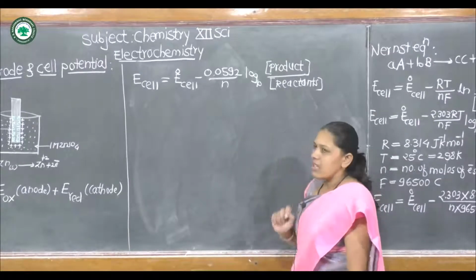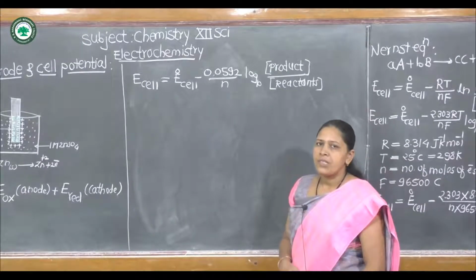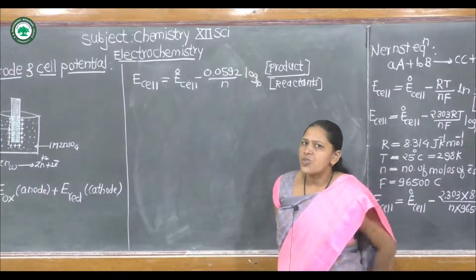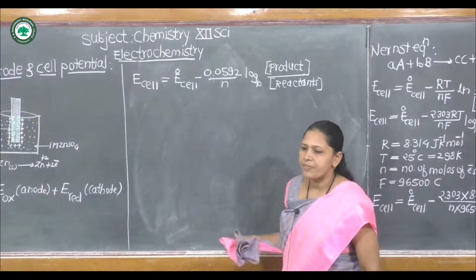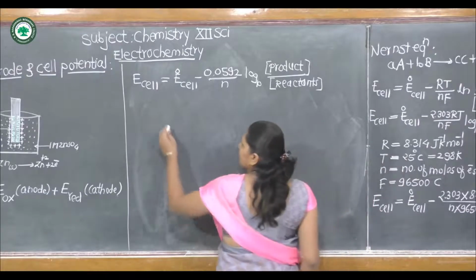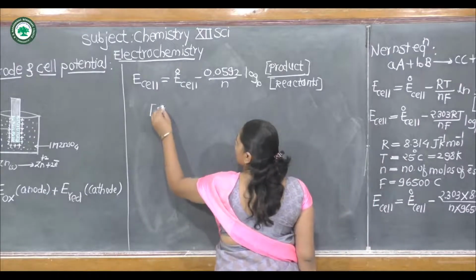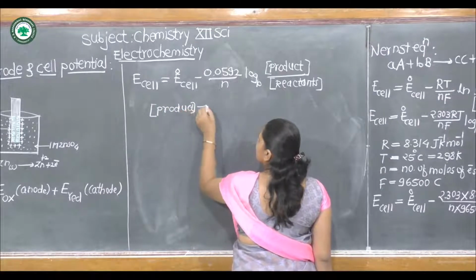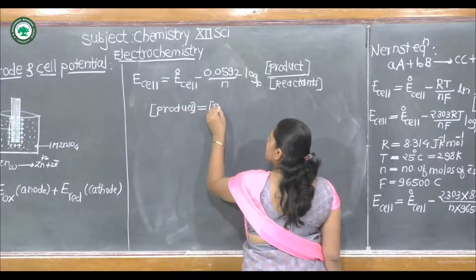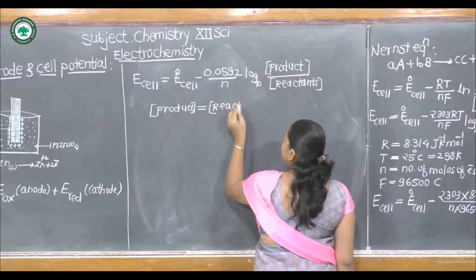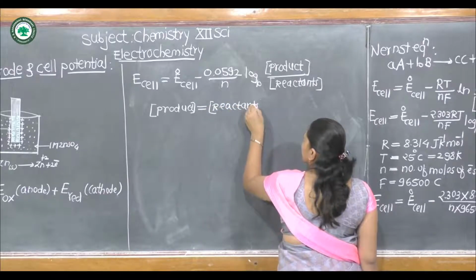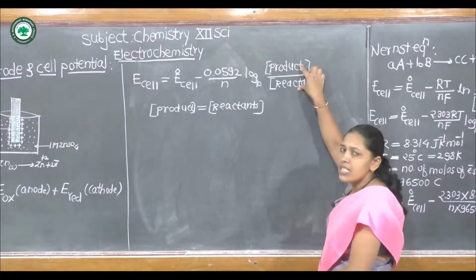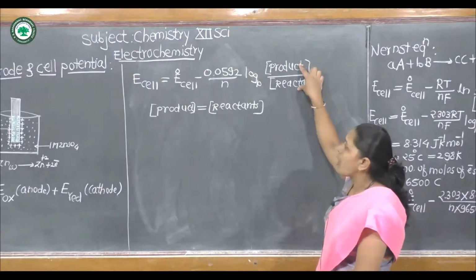In this, if the concentration of reactants and concentration of products is the same, if concentration of product is equal to concentration of reactants, then this term becomes 1.